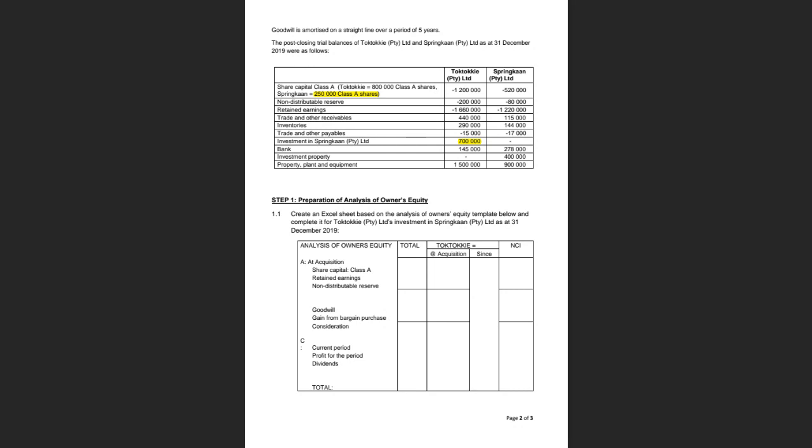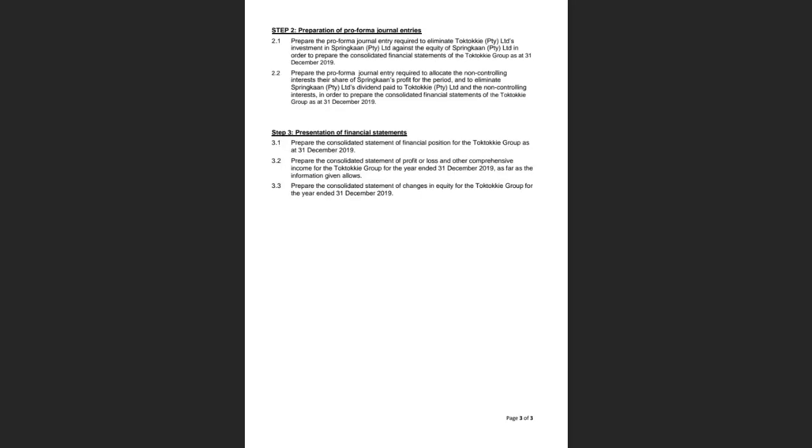31 December 2019. So the first required is to create an Excel sheet based on the analysis of owner's equity template below. So that is the required one, is to complete an analysis of owner's equity. If we go to the next page, we'll see that step 2 requires us to prepare pro forma journal entries required to eliminate Talk Talkie's investment in SpringCon.